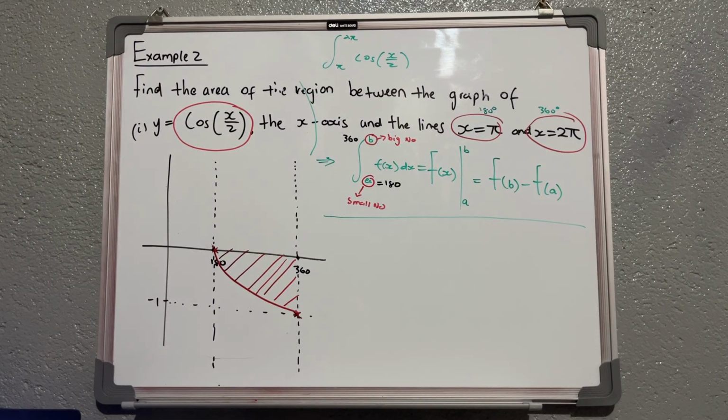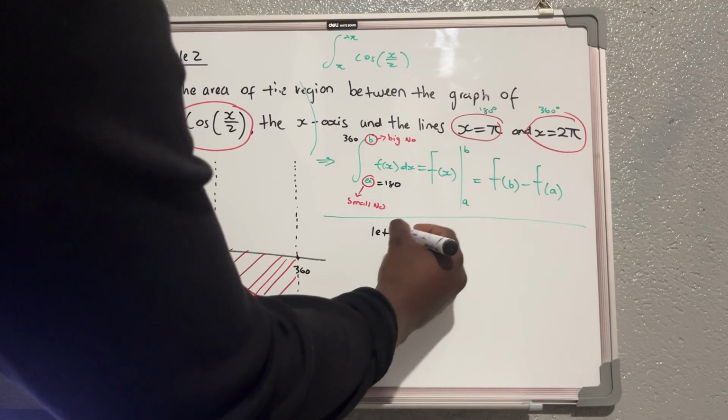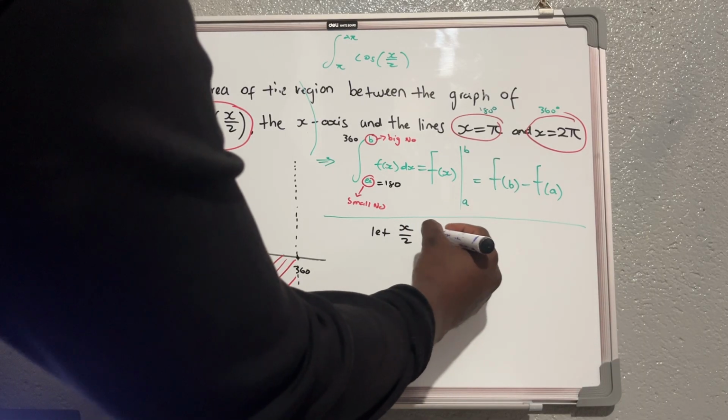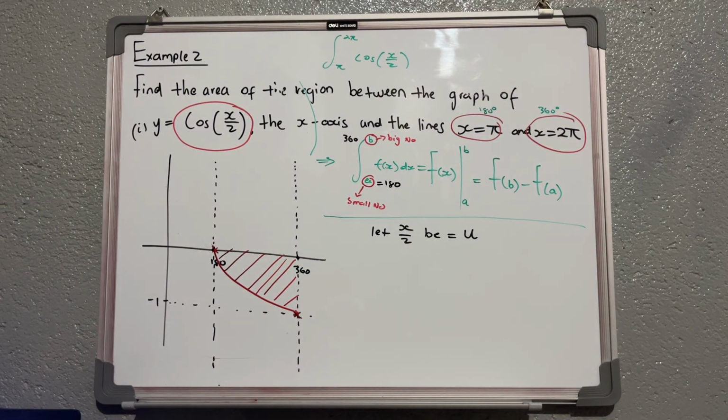You can confirm that it's going to be easy to work that one out. So I'm going to say, let x over 2 be equal to u. I'm going to go as slowly as possible.